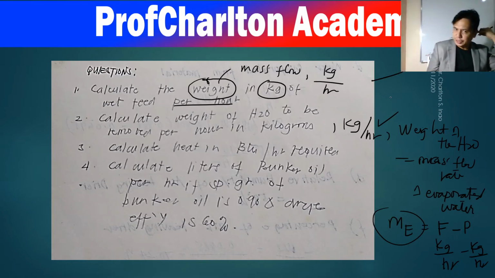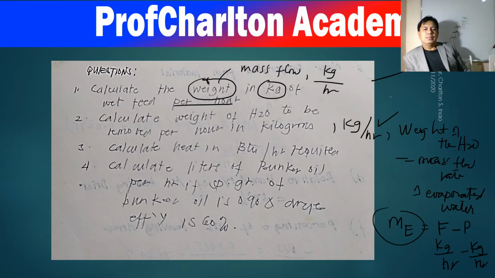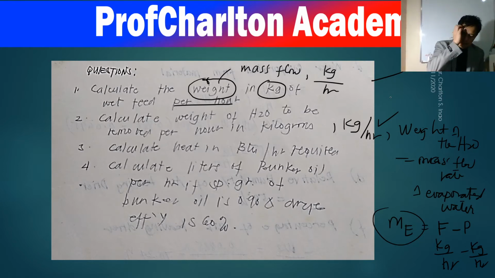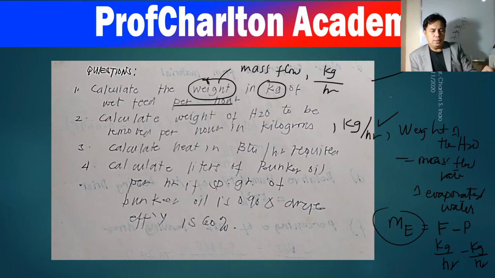Now, the number three question is calculate heat in BTU per hour required. So this number three is a bit complicated because in order to get the heat, you have to dissect and analyze all the heats that are involved, right?